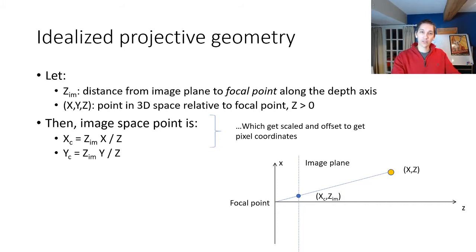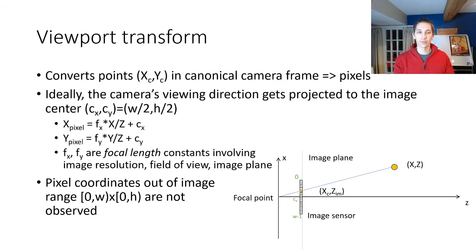Now, in order to get pixel coordinates, we're going to scale and offset these using the next transform, which is known as the viewport transform. Given those real points on the image sensor, we then see which one of the pixels on the image sensor actually gets activated by that light ray. So the point xc, yc gets converted to a pixel by a scaling and an offset. There's an image center, which corresponds to the (0, 0) direct forward direction of our camera.